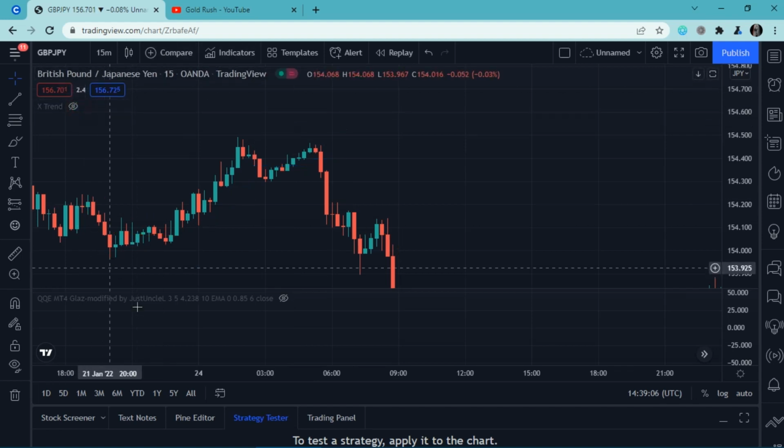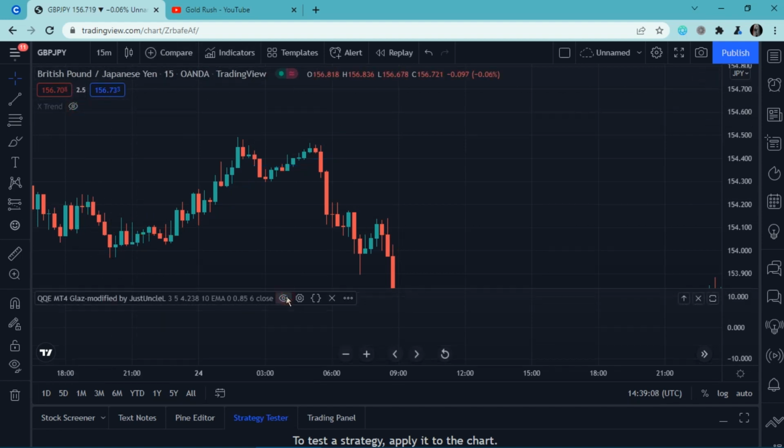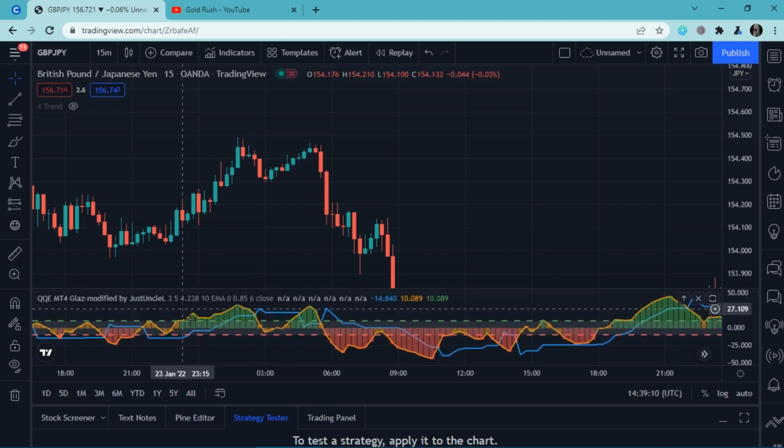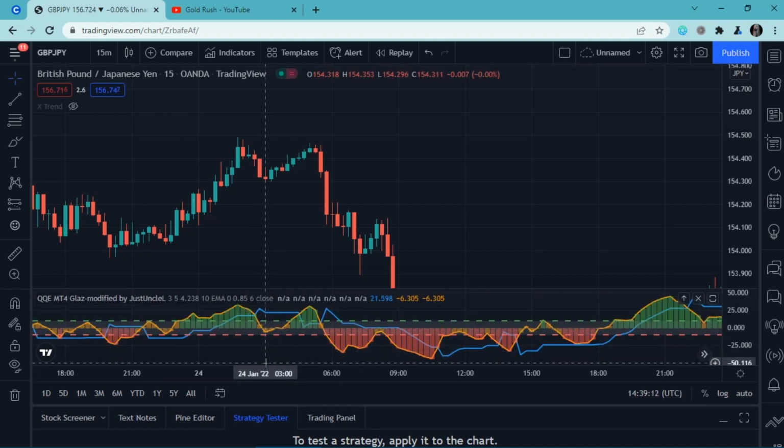Okay, let's switch that off and switch on the QQE MT4 class modified. Now basically all we're doing with this indicator is checking if the QQE crosses above the 30 line, you go for a buy, and if the QQE crosses below the 70 level, you go for a sell.